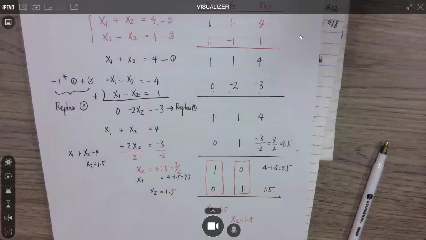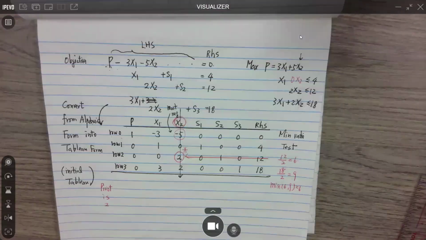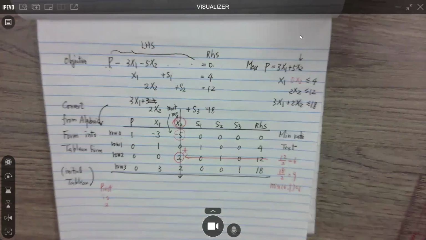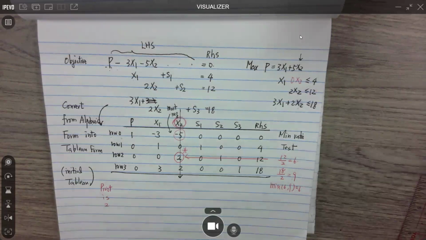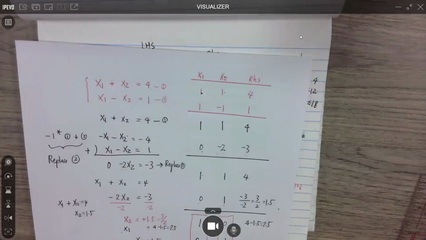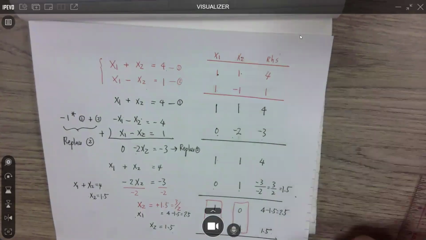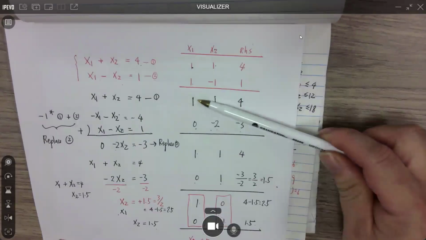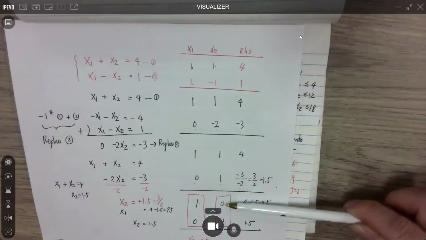Okay, let's proceed. After you realize the procedure here, we begin with 1, 0, and then convert it to 0, 1.